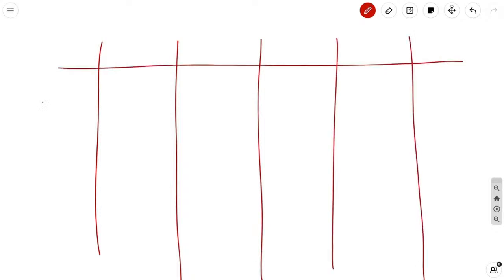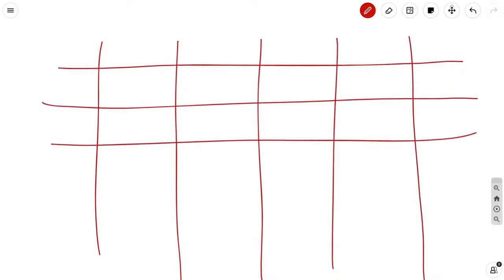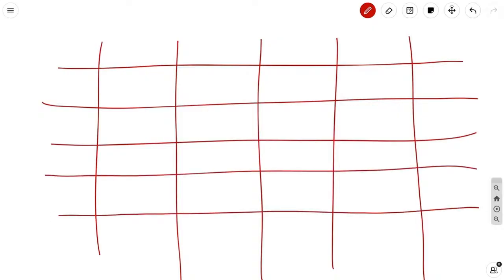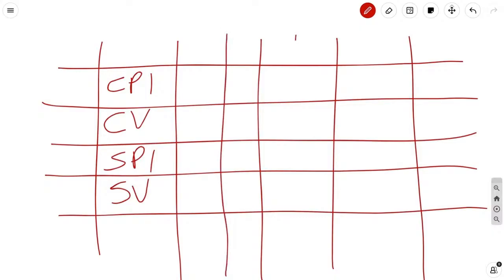Four lines: 1, 2, 3, 4. And the way I like to think about this, I like putting cost together and schedule together and earned value. Let's actually make it a few more. This is going to make it easier for you. So you just remember that earned value is first in all of these, no matter what.